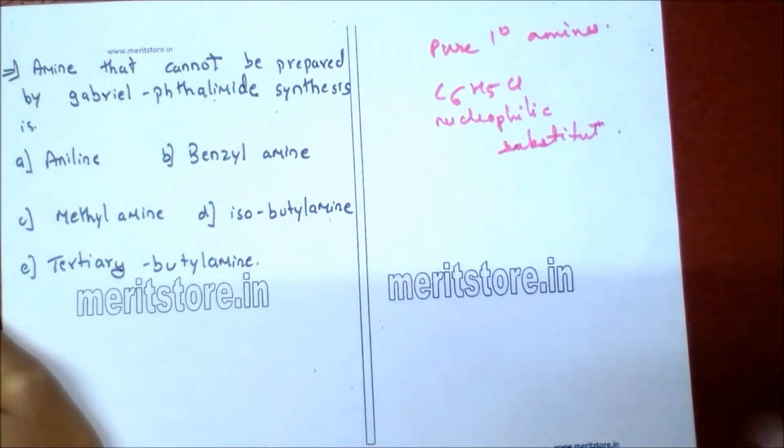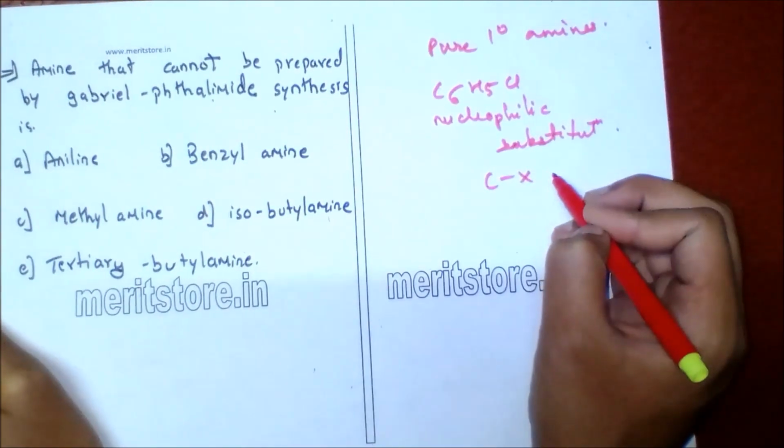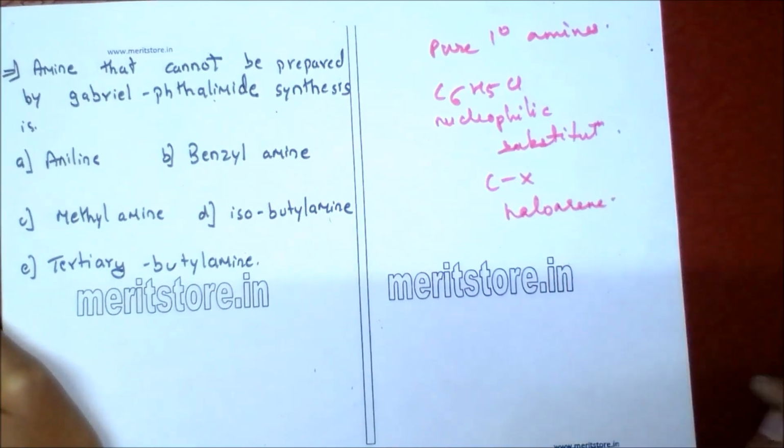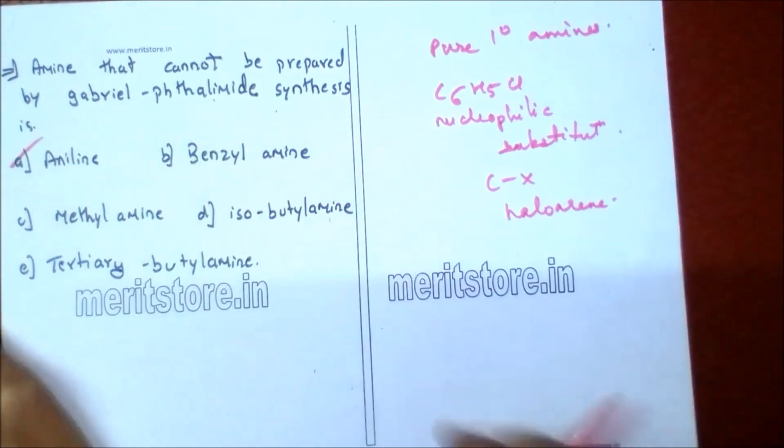That is, cleavage of the C-X bond in haloarene is quite difficult with potassium phthalimide under ordinary conditions to give N-phenylphthalimide. So option A is the correct answer.